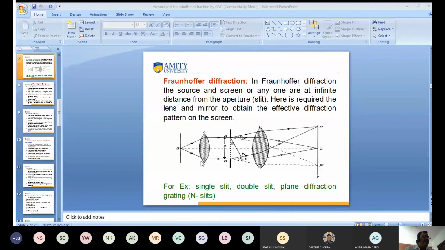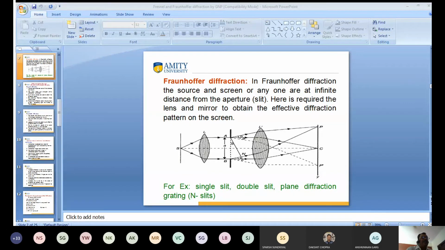If you take N slits and get the Fraunhofer diffraction, this is known as plane transmission grating. All this is part of the syllabus. I will discuss single slit later, we will discuss the double slit, and we will also discuss the plane transmission grating.